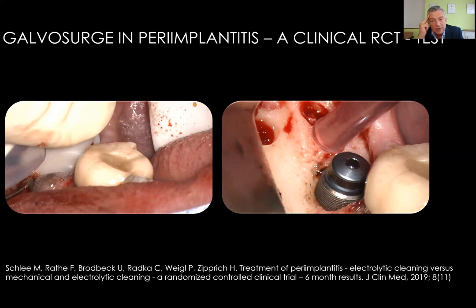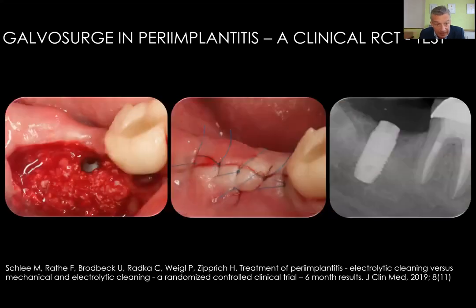If I augment only to the platform of the implant, then any pressure of the patient when he sleeps, when he brushes teeth, when he eats, this mobility will always cause incomplete bone healing. But if I augment 2 millimeters higher, maintained by this 2 millimeter healing post, then I will have a complete reosseointegration. That was the idea behind.